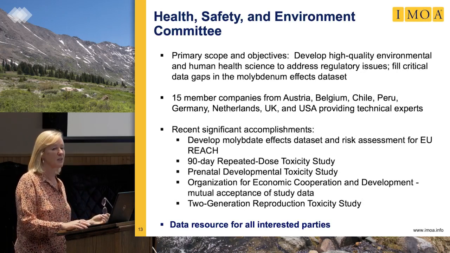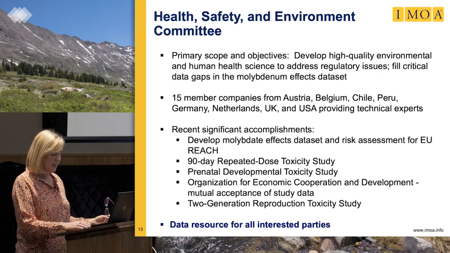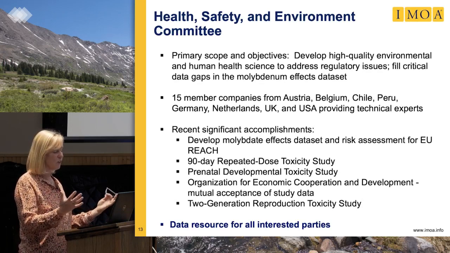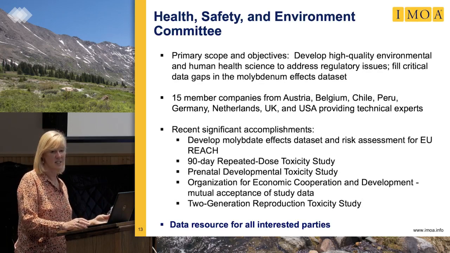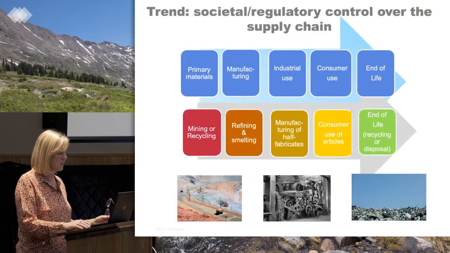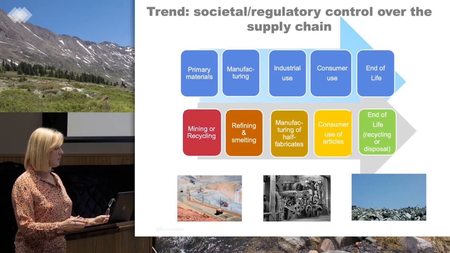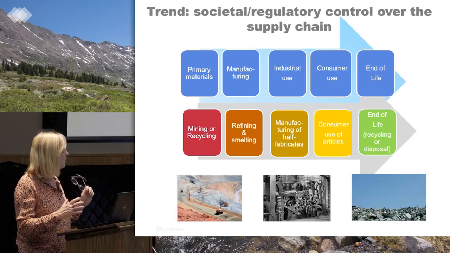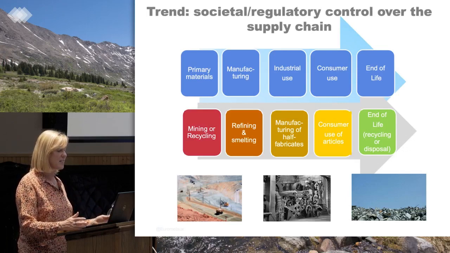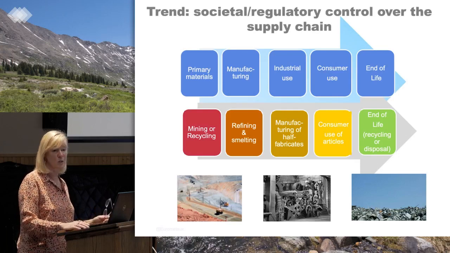And most recently, you'll have heard about our 2-generation reproduction toxicity study. And really, yes, we're a data source for our members, we're a data source for regulators, all interested parties. You know, the transparency for us is a very important issue. So, and you know, we're building data which is being used very widely, because the trend nowadays very much is, you know, societal and regulatory control over the whole supply chain.